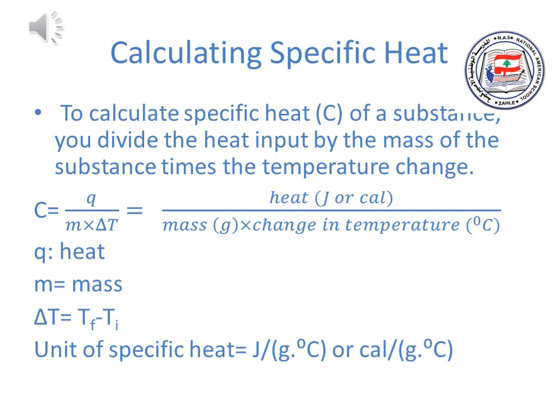Delta T represents the change in temperature, calculated as T F minus T I, where T F is the final temperature and T I is the initial temperature. Units of specific heat are joule per gram times degrees Celsius or calorie per gram times degrees Celsius.